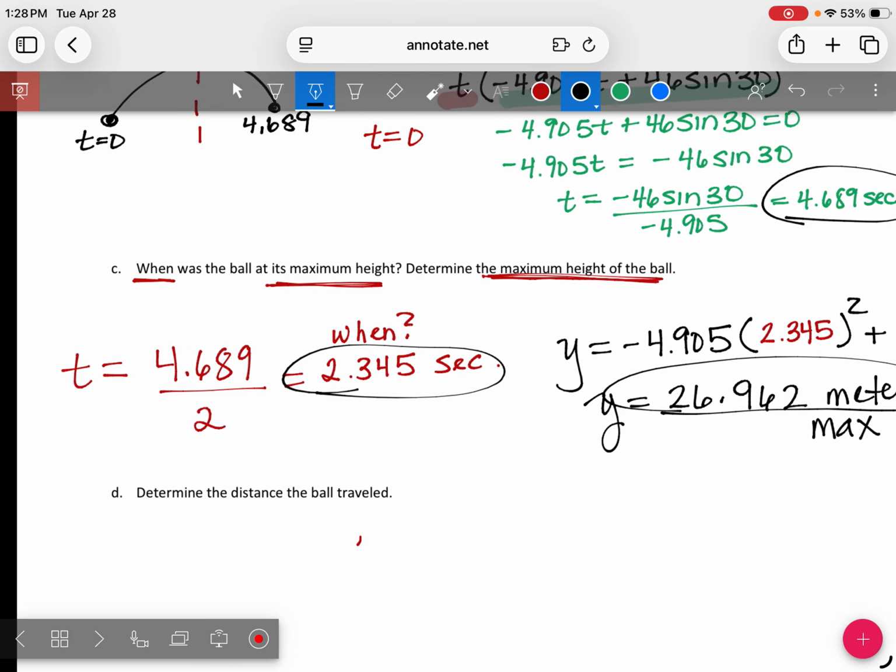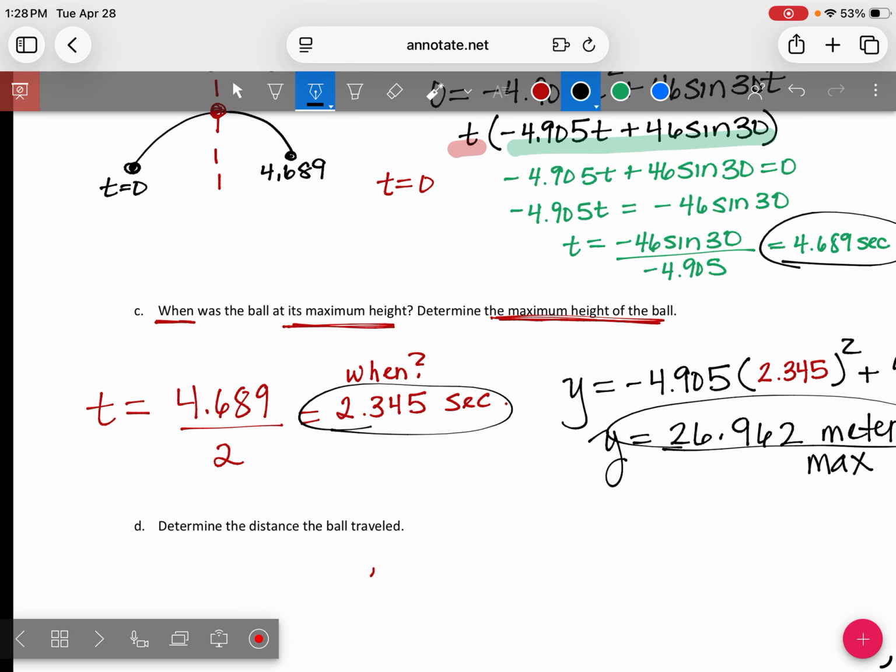Last one, we need to know how far it traveled. In other words, I want to know this distance. How am I going to figure out how far it traveled? Substitute, use the x, and what am I going to put in? How long did it take for it to hit the ground? It took 4.689 seconds.